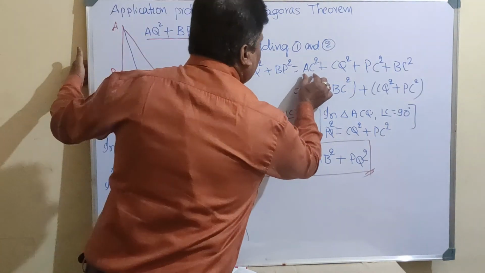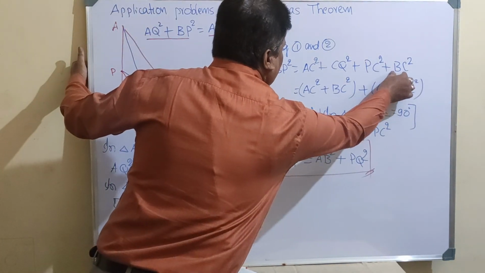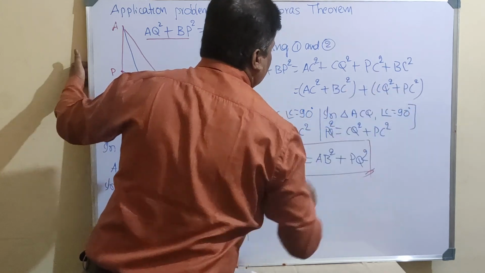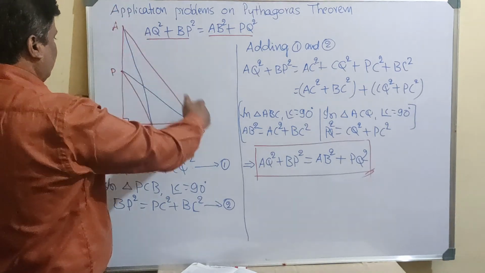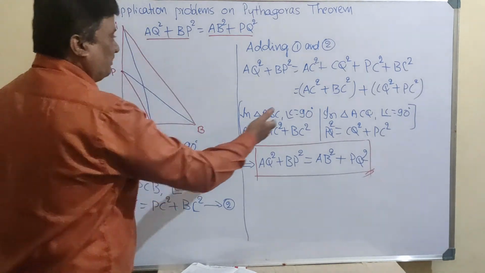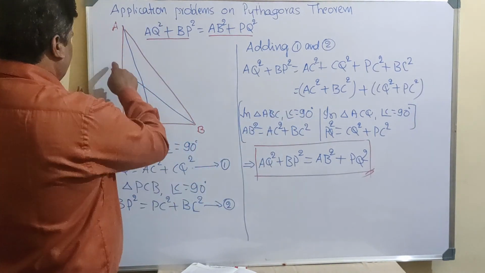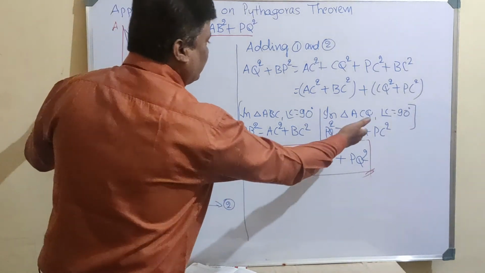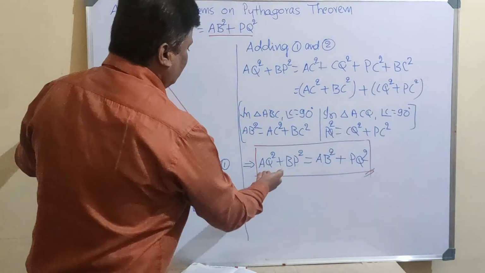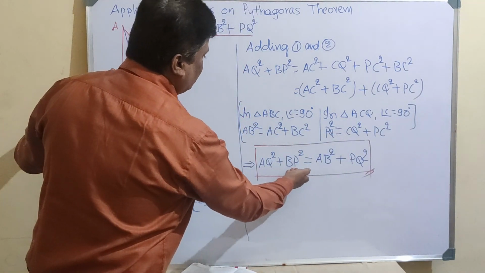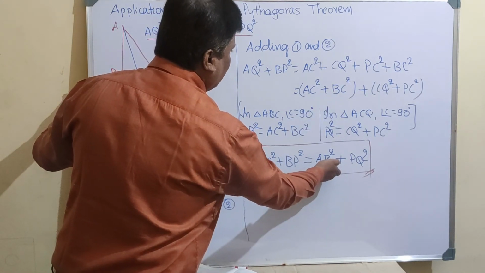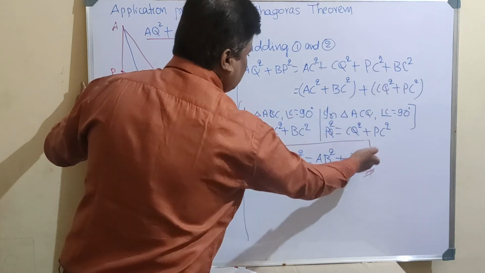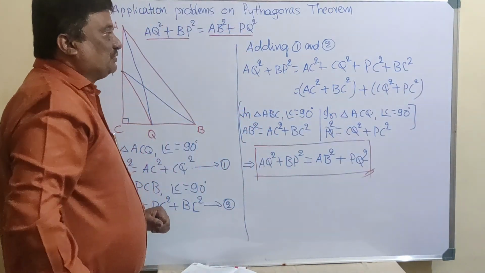So let's group AC square plus BC square and the remaining two as another group. In triangle ABC, for AB square we can write AC square plus BC square, and for PQ square we can write PC square plus QC square, that is CQ square. So AQ square plus BP square is equal to AB square plus PQ square.